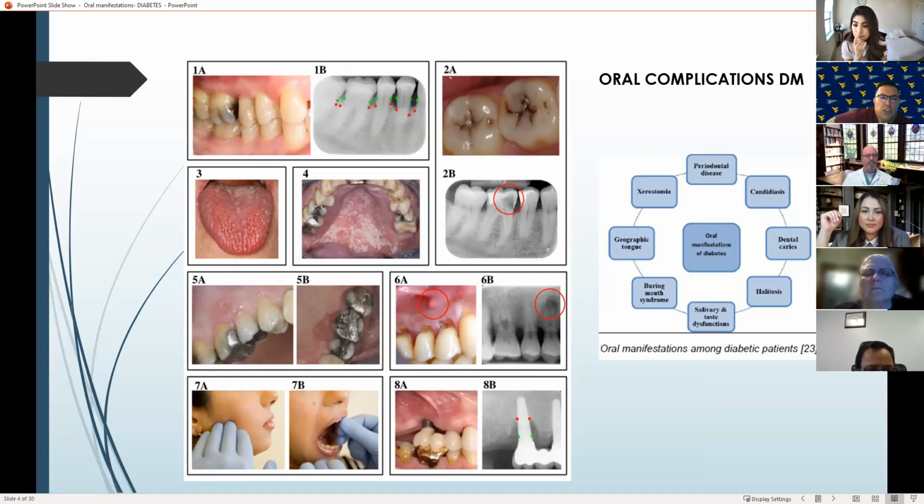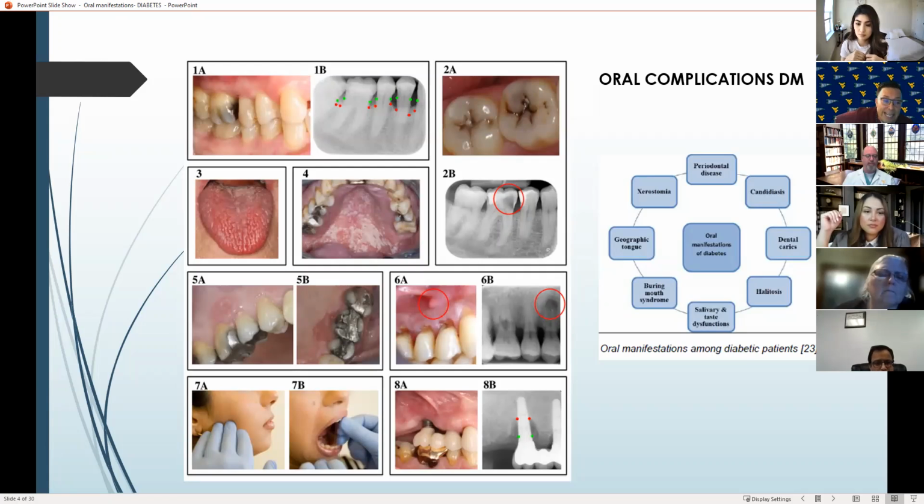In picture 6A and 6B, 6A shows the characteristic fistula due to what we call a periapical abscess, which is shown in the radiograph in picture 6B.